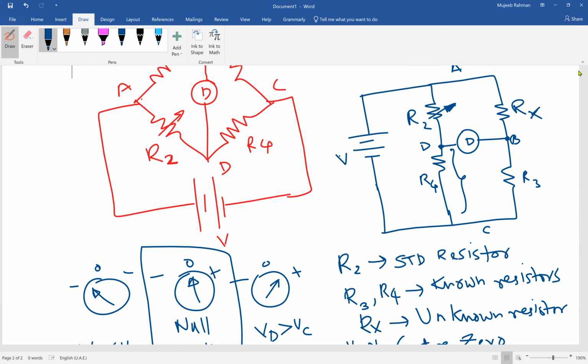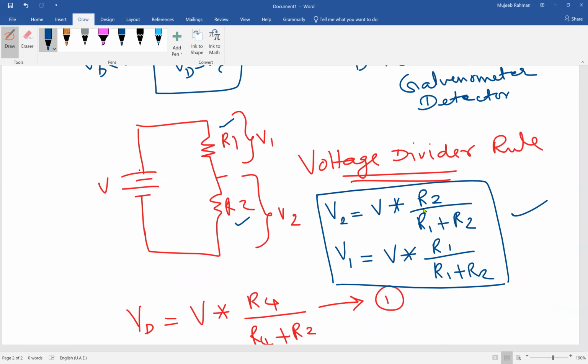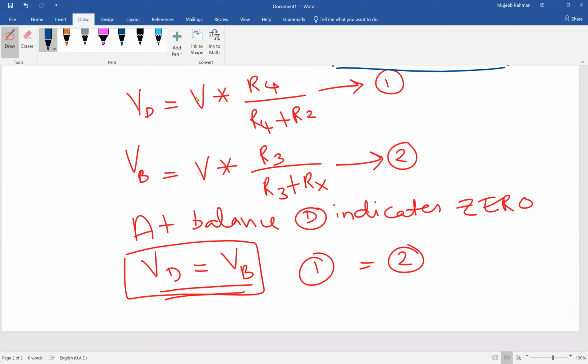To calculate the voltage at B, we have to find the voltage across R3 here. So VD can be calculated by the equation V multiplied by R4 divided by R4 plus R2, and VB is equal to V into R3 divided by R3 plus Rx.